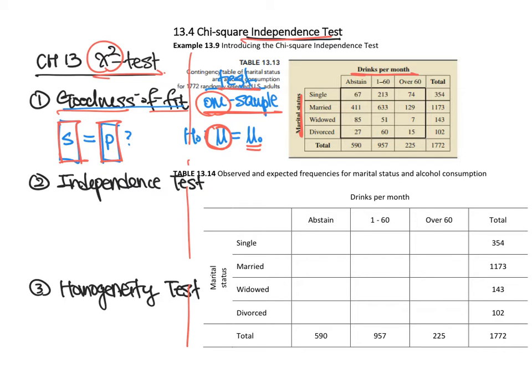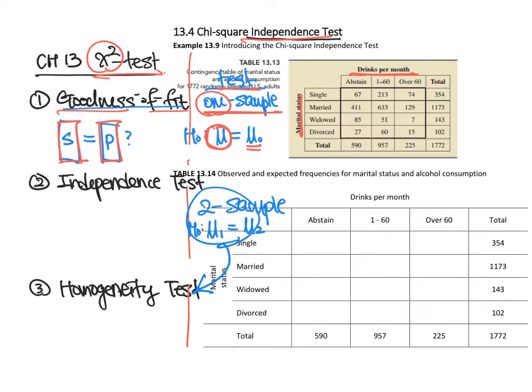But in the independence test, there are two categorical variables, one is the marital status and the other is the drink. So now I can compare it to the two sample t-test. Actually, we compare the two population means. So exactly it will be the homogeneity.